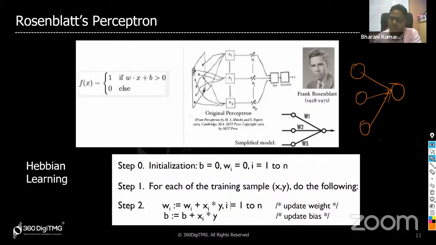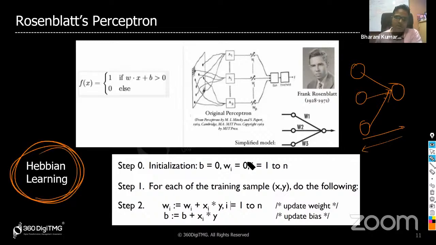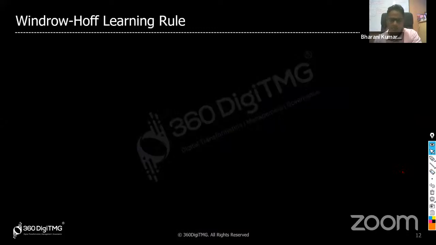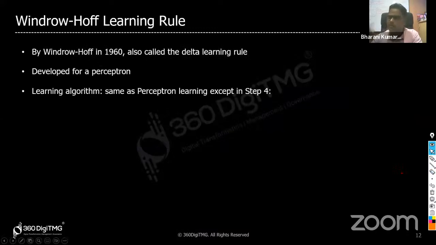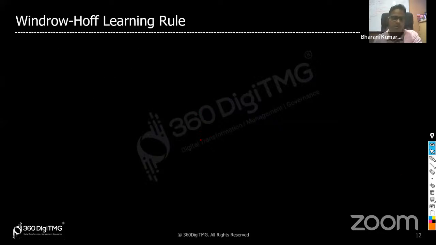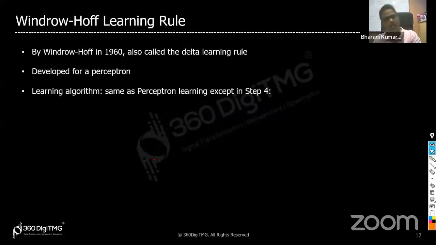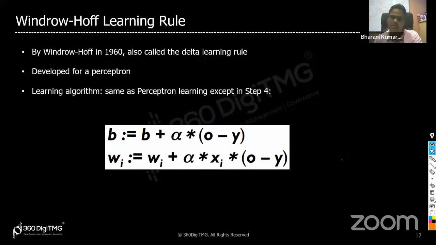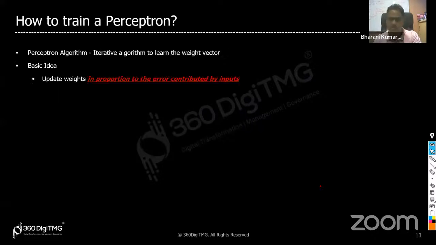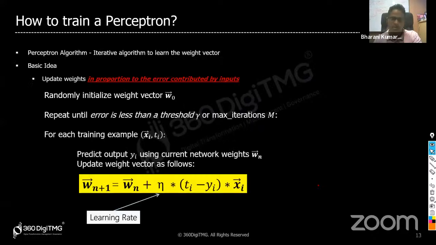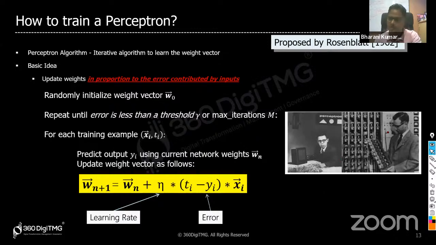While updating the weights, go forward, come back and update the weights, something called Hebbian learning was used earlier. But later on, people thought there are some flaws with Hebbian learning, and they went ahead with the delta learning rule. This delta learning rule is very effective, and this is exactly what is being used today.